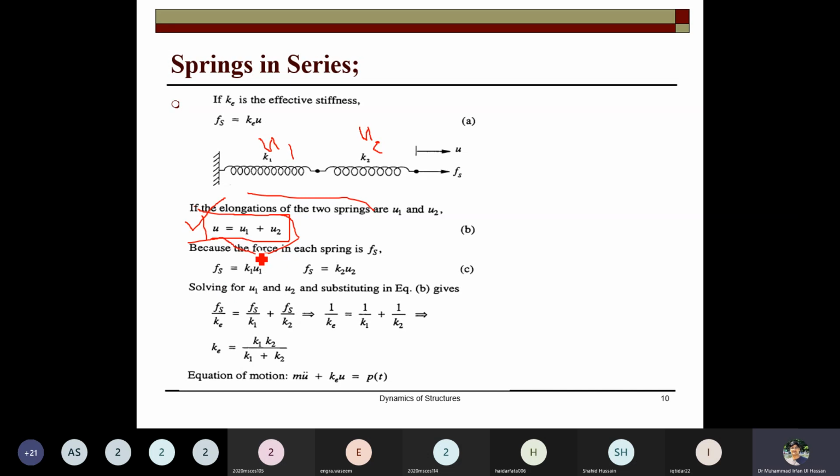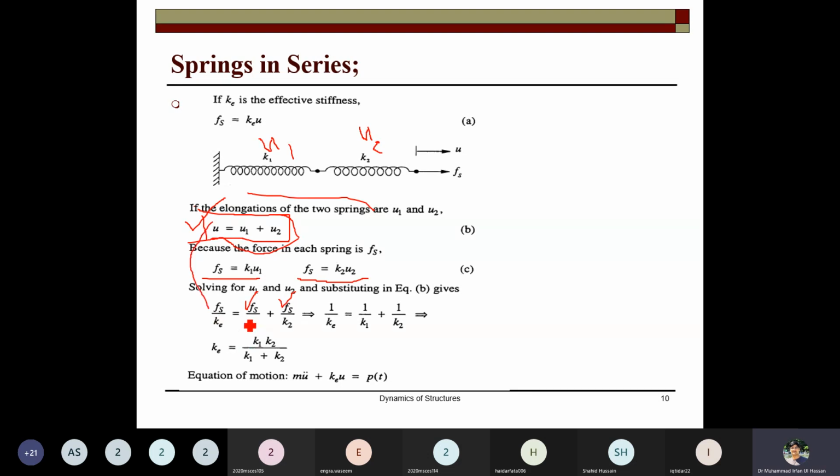Therefore, you can say that the force in each spring is equal to Fs. It means that the force in one spring is K1 into u1 and force in the other spring is K2 into u2. This means that u1 is Fs over K1, u2 is Fs over K2, and total u is Fs over K equivalent.